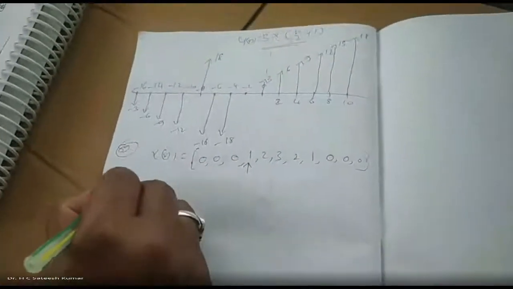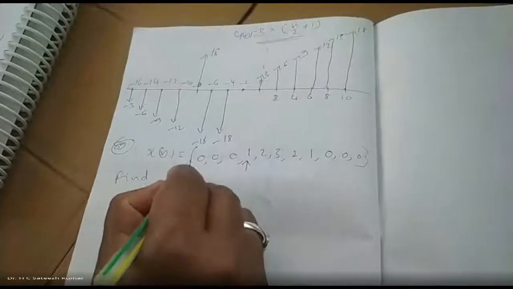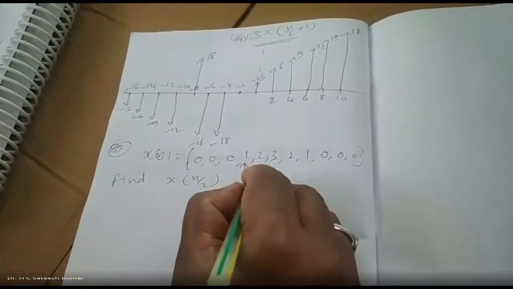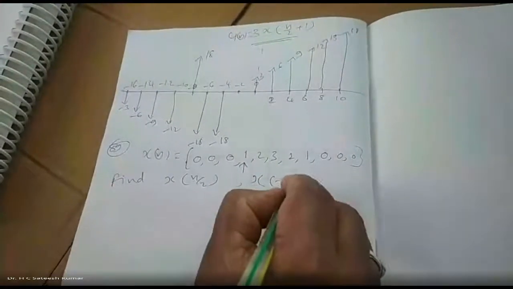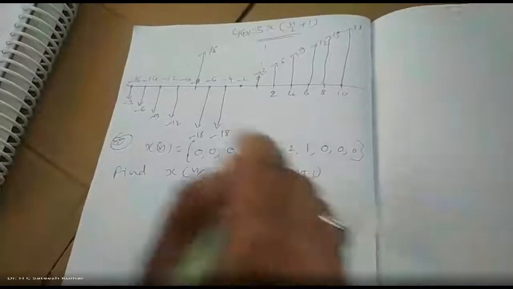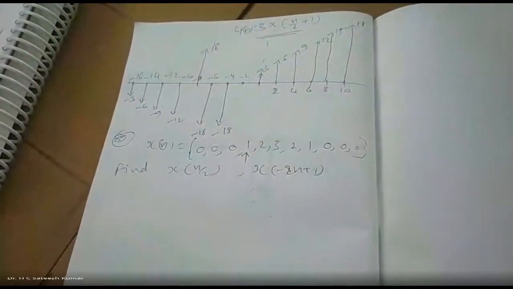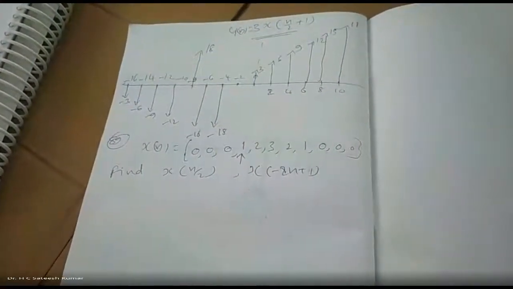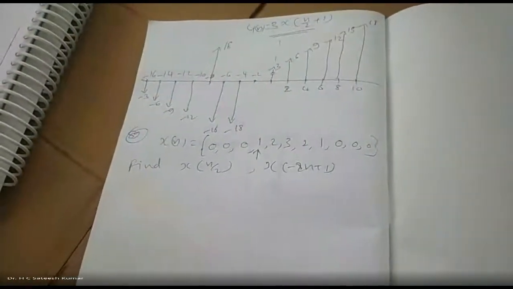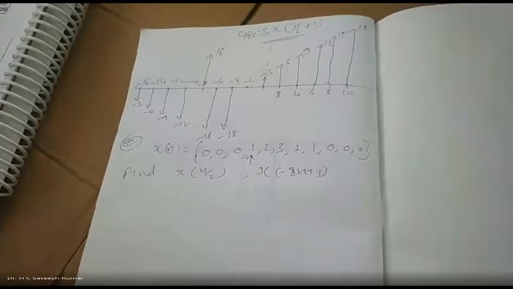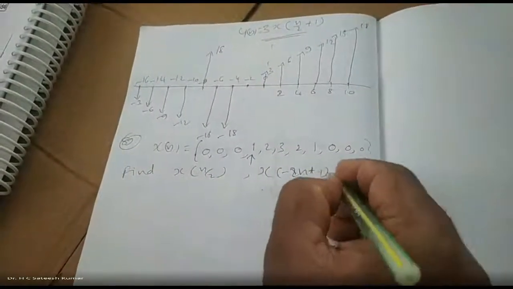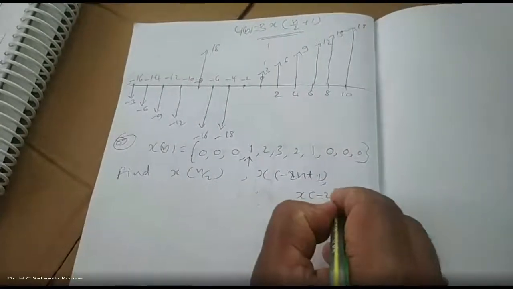Find x of n by 2, x of minus 2n plus 1, and one more, x of minus 2n minus 1.